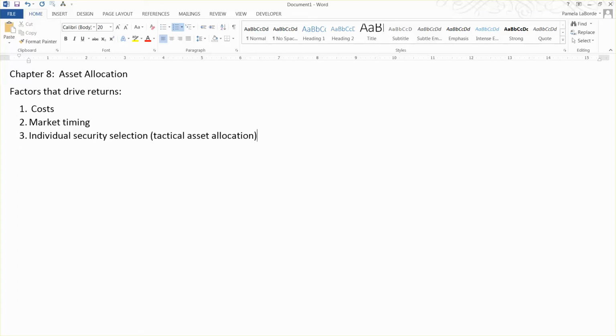I mean, do you buy stocks in Apple, Ford, and GM, or do you buy stocks in Krispy Kreme, Volkswagen, and IBM? It's very specific. Which company's stocks are you purchasing? Which company's bonds are you purchasing? That's what I mean by individual security selection.